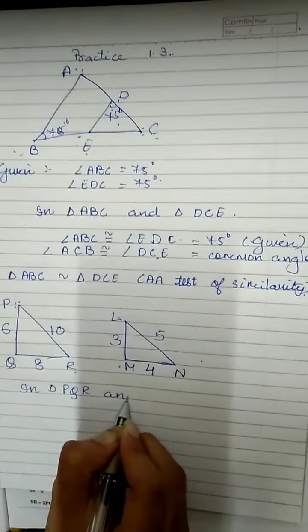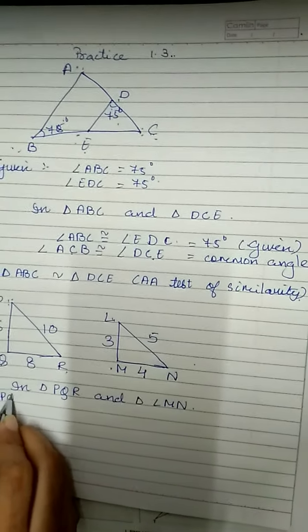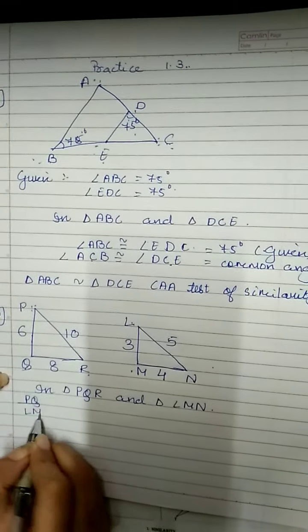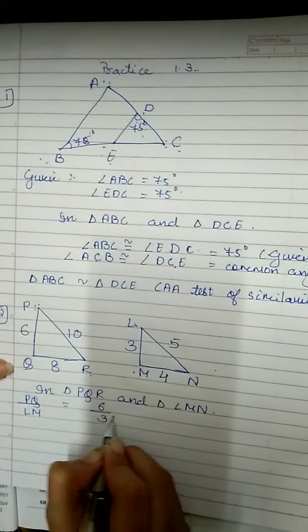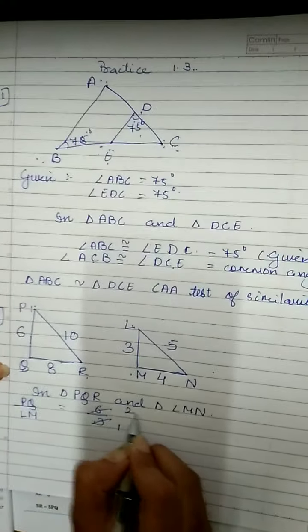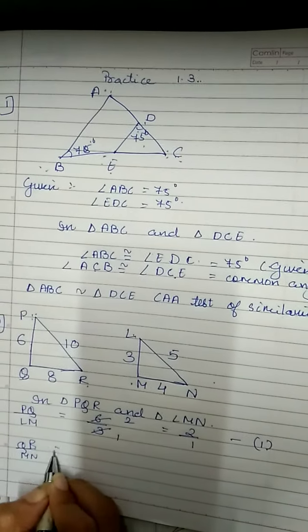In triangle PQR and triangle LMN, PQ upon LM, value of PQ is 6, value of LM is 3. 3 ones are 3, 3 twos are 6, that is equal to 2:1, which is equation 1. Next ratio will be QR upon MN.